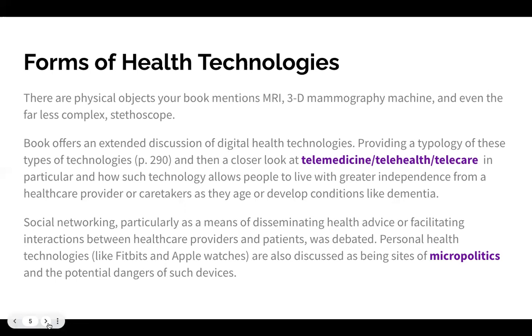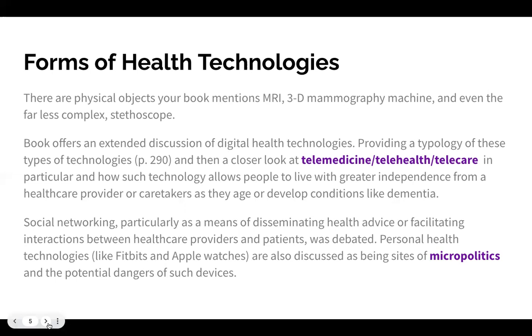And they debate whether or not this is ultimately positive or negative. In some ways they feel like it definitely can be positive because it allows people to disseminate positive health messages across the general population.